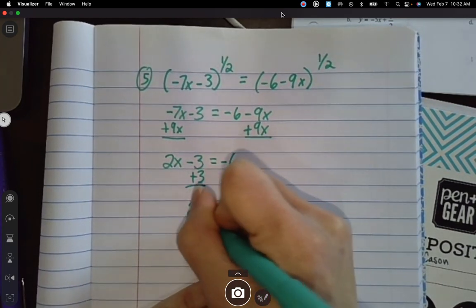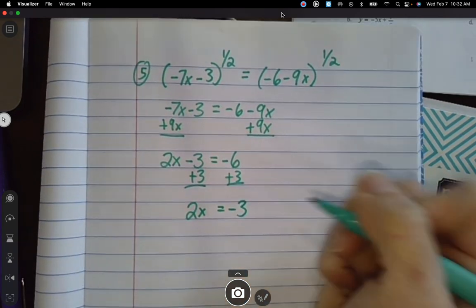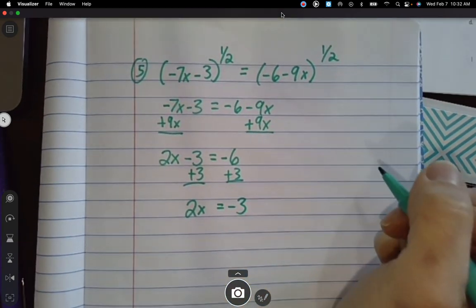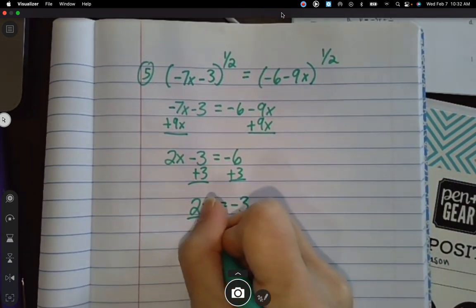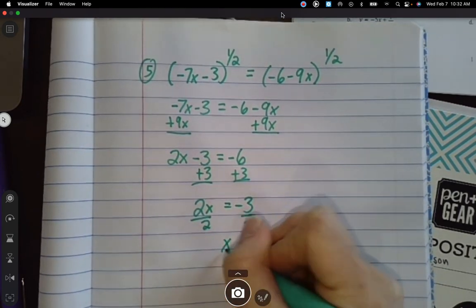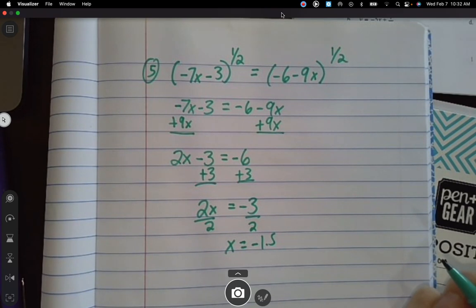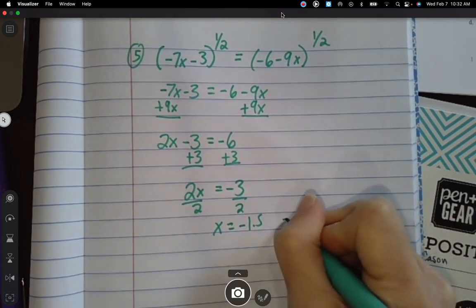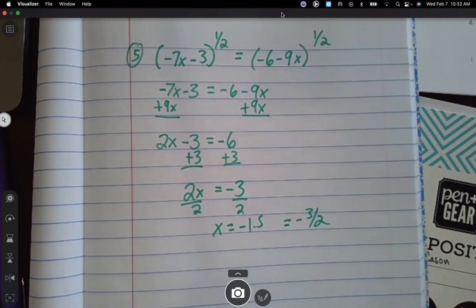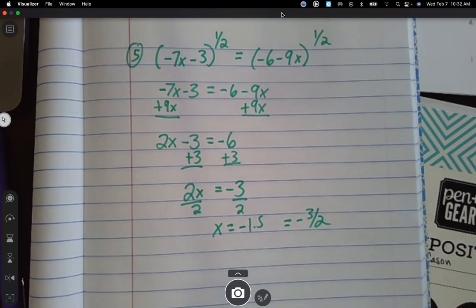So I get 2x equals negative 3. And then my last step, what do I do? Divide by 2. And you'll notice, if you typed it in, you may get negative 1.5. But you don't see that answer choice, right? That's because they left it as a fraction, negative 3 divided by 2.